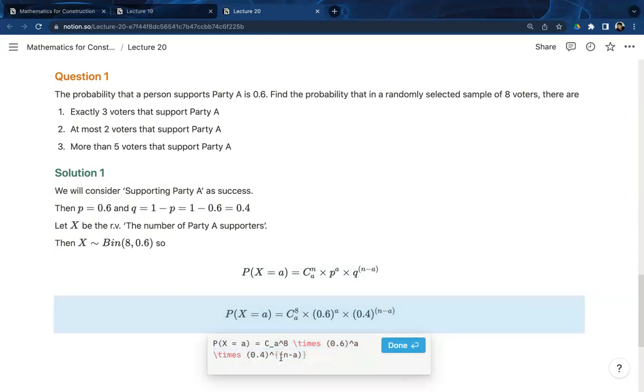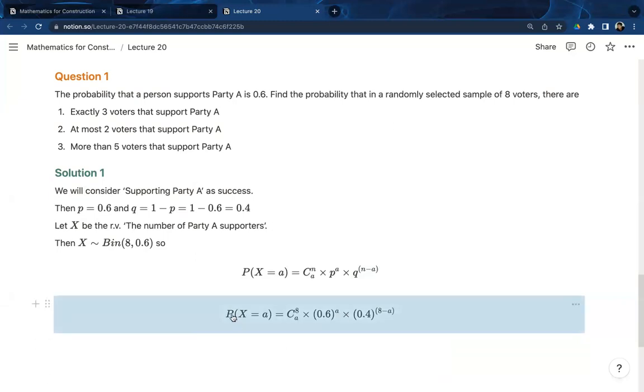N is 8 again. Let me put 8 here. Right? So this is the formula. This is the probability that X equals 8.